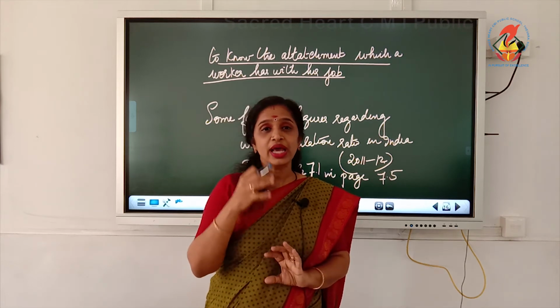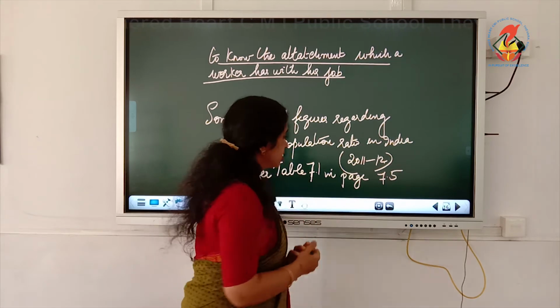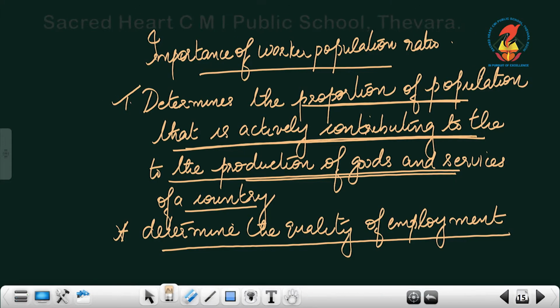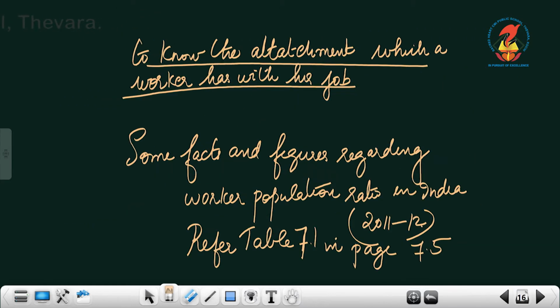So, to analyze all these, the worker population ratio is very important. So, the importance of worker population ratio is to determine the proportion of the population that is actively contributing to the production of goods and services of a country, then to determine the quality of employment, then to know the attachment which a worker has with his job.